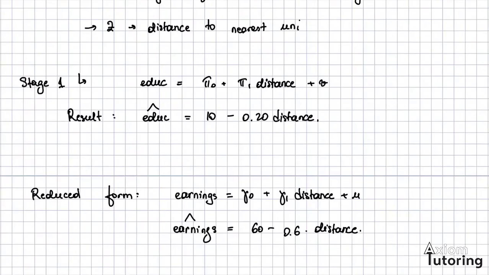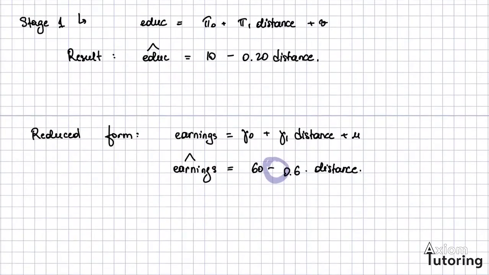Now, a question that might come to you is, why does distance actually reduce earnings? Because we have a negative coefficient here. Is it because people who live further away earn less directly, or because they get less education, which then reduces earnings? The thing is, the reduced form can't answer the question by itself, okay?